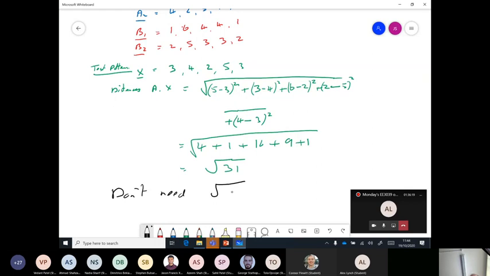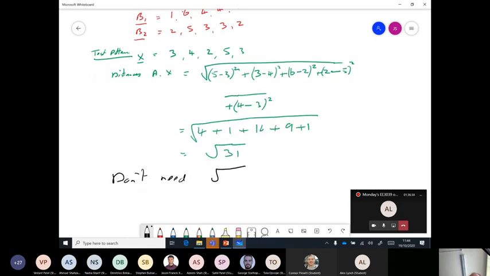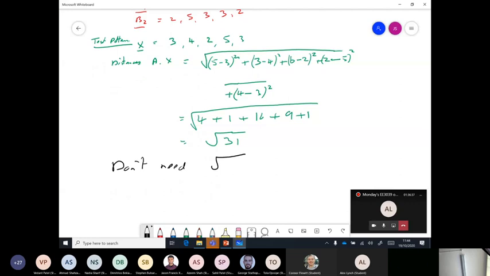So root 31, root 14, root 8 is the same as 31, 14, 8. You can still get the classification according to the nearest distance without using the square root. So that's one piece of calculation that you don't have to bother with.